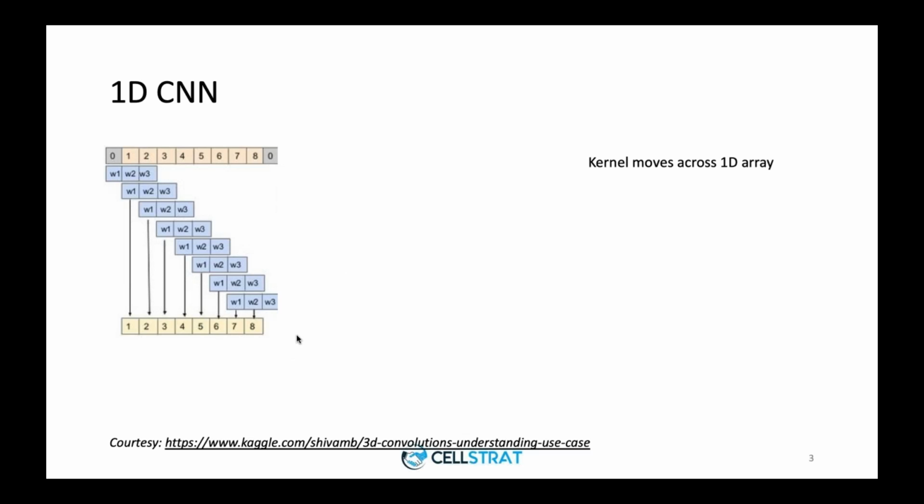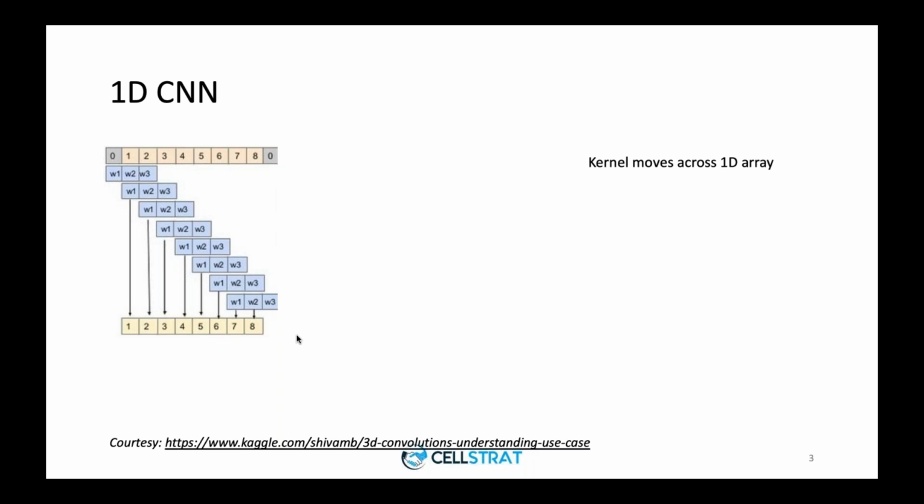So let's get started. As we can see, a 1D CNN acts on a one-dimensional array. We move the kernel weights from the 0th position to the nth position, and these weights convolve with the input array and create the output.